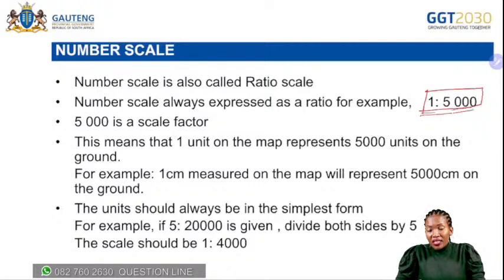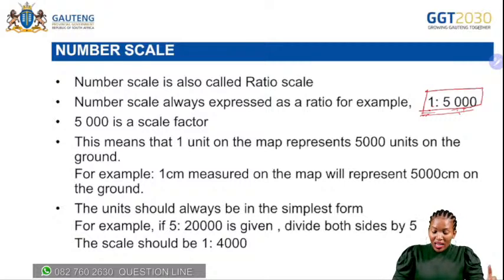When you explain it, you are going to say 1 unit on the map represents 5,000 units in reality. If you want to use centimeters, you will say 1 centimeter on the map represents 5,000 centimeters in reality. You use meters, it's okay. You use kilometers, it's okay. As long as your units are the same, then we are good to go.